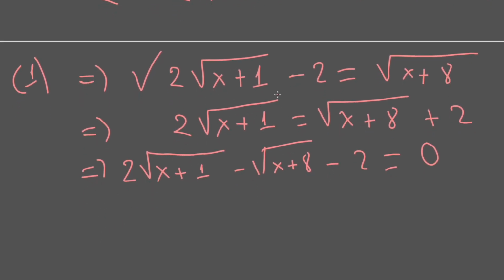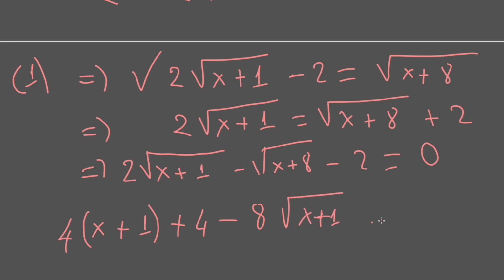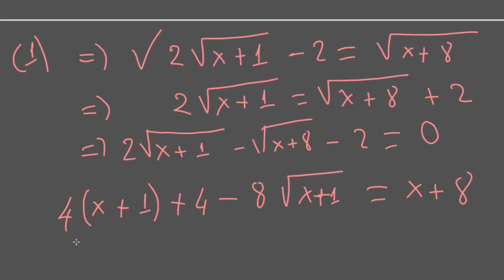Square both sides, we will have 4 times x plus 1 plus 4 minus 8 square root x plus 1 equal to x plus a. You see that we have 4x plus a minus 8 square root of x plus 1 equal to x plus a.